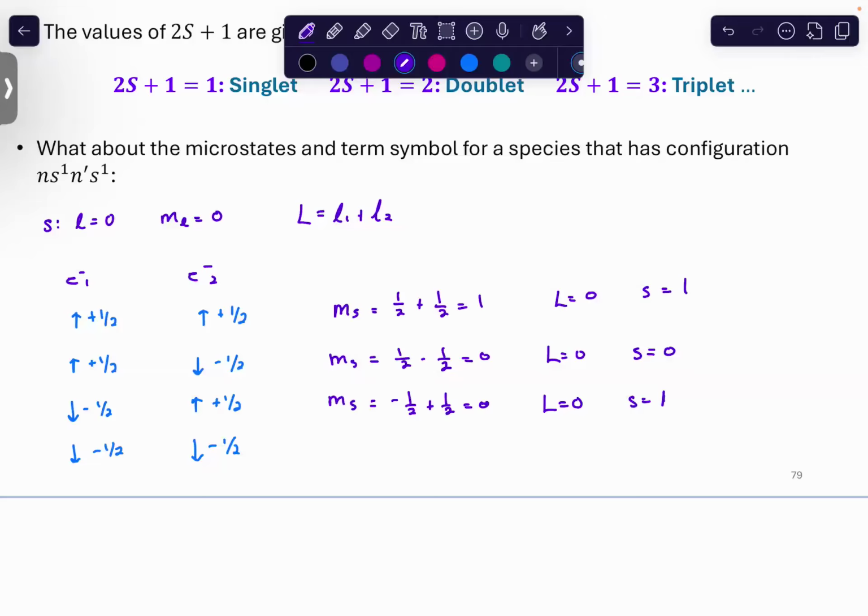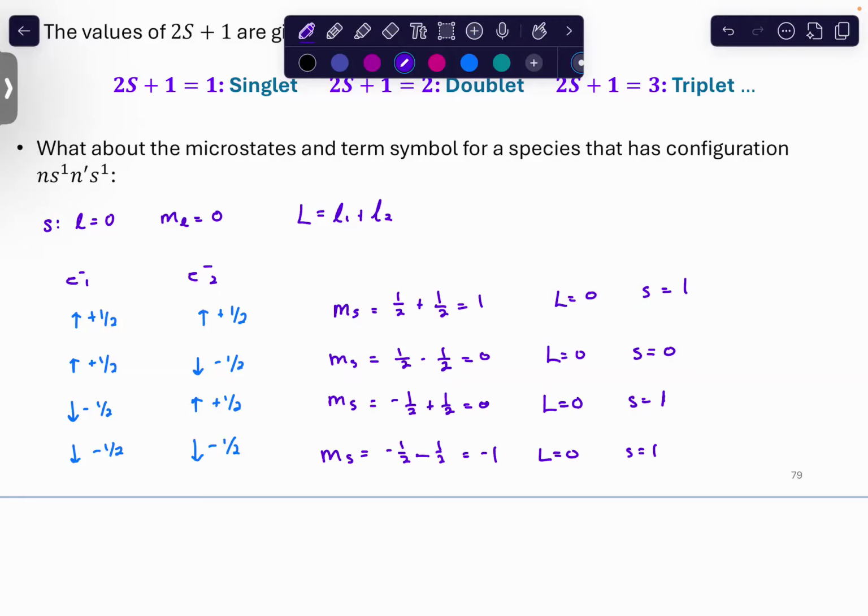We're going to say this is going to be spin 1. Okay, I'll explain why here in a second. Let's see, minus 1/2, minus 1/2. So here we're going to get a -1, L equals 0, S equals 1. Again, you can't have a negative spin. Okay, you can have a 0 spin.